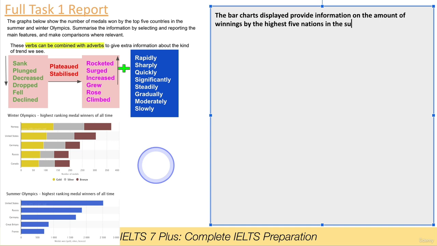It's hard to paraphrase, so I think we'll keep those in. Summer and Winter Olympics. The bar charts displayed provide information on the amount of winnings by the highest 5 nations in the Summer and Winter Olympics. Okay, so that's our first paragraph, our paraphrasing.